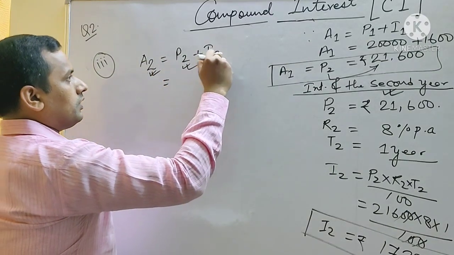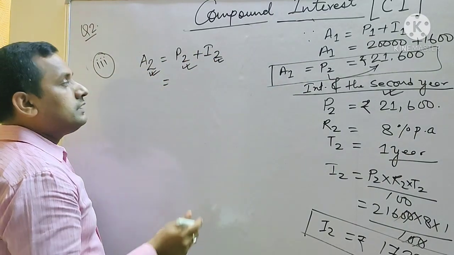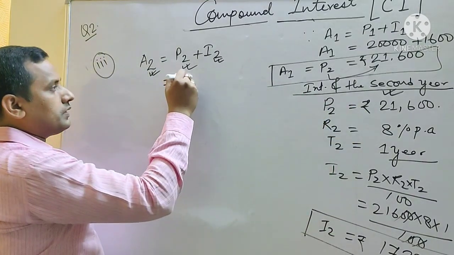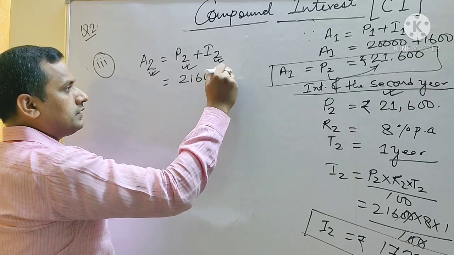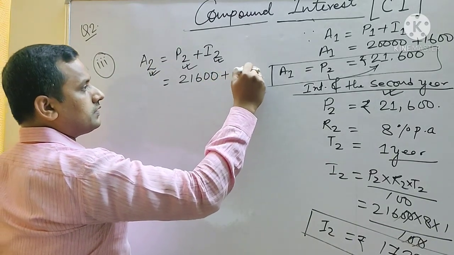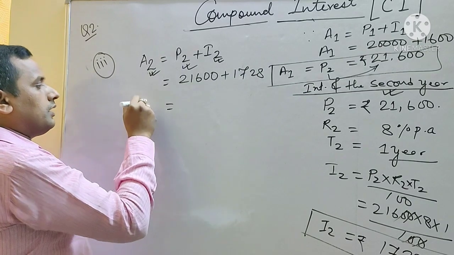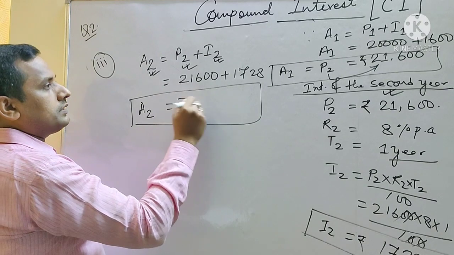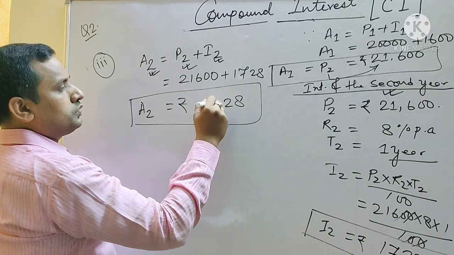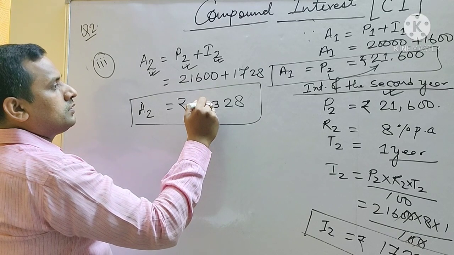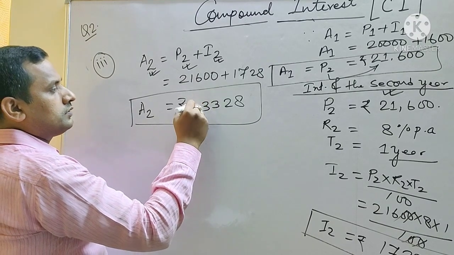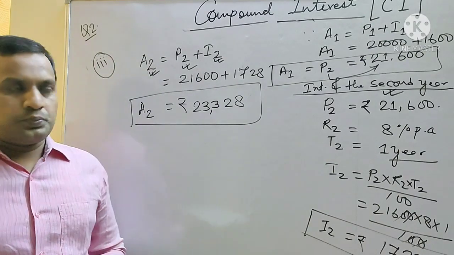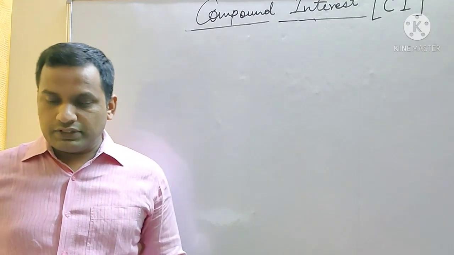Principal and interest both must be of the same year. So principal of the second year is 21,600 and interest we have calculated 1728. Therefore amount at the end of the second year will be rupees 23,328.